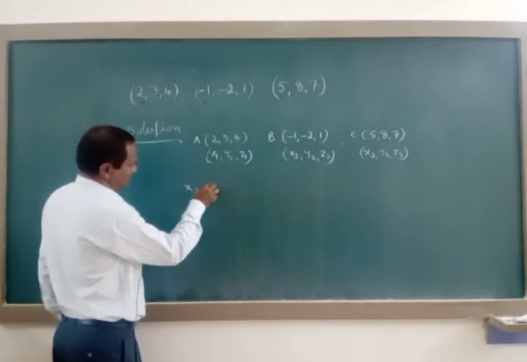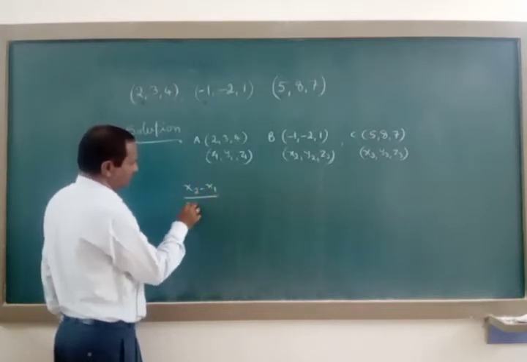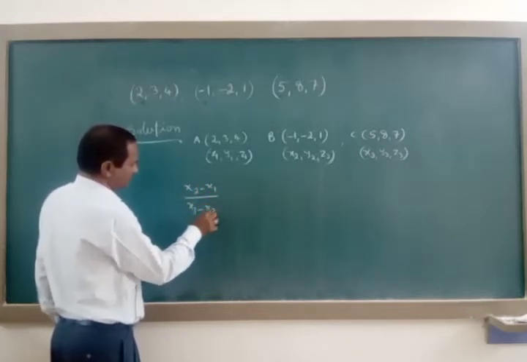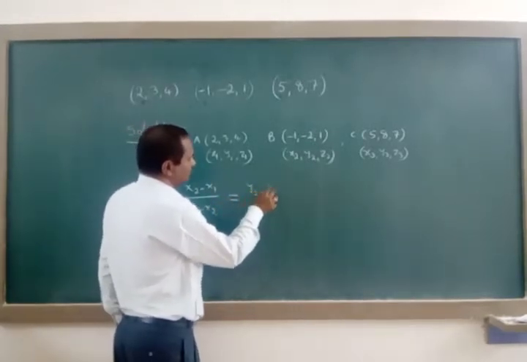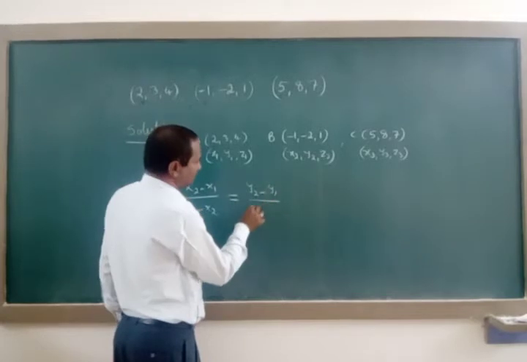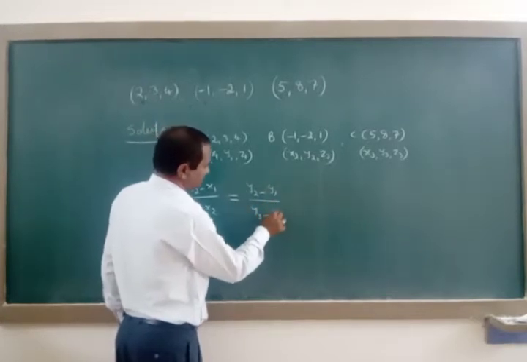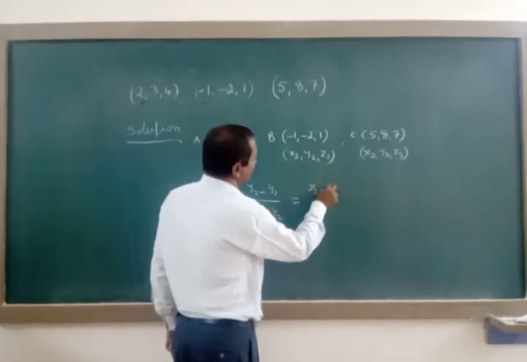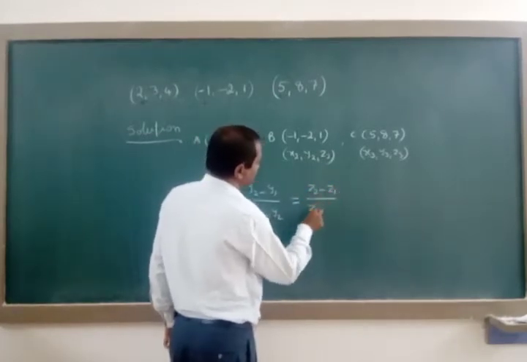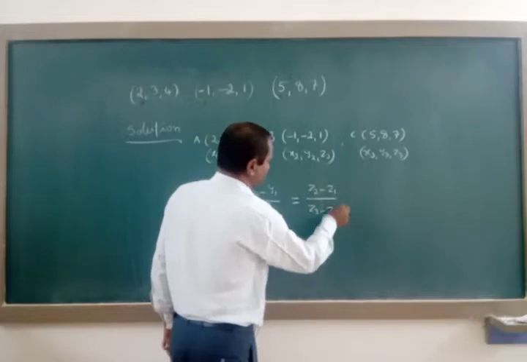x2 minus x1 whole dividing by x3 minus x2 is equal to y2 minus y1 whole dividing by y3 minus y2 is equal to z2 minus z1 whole dividing by z3 minus z2.